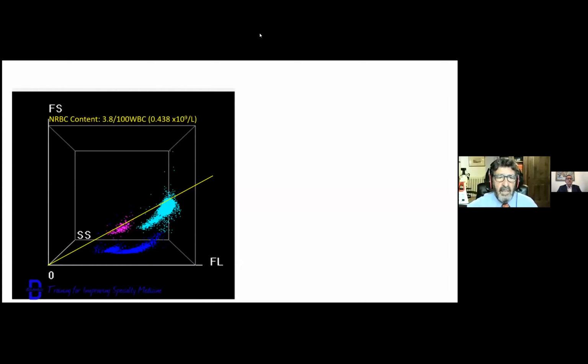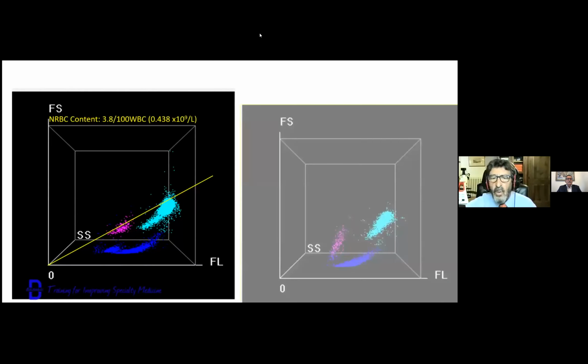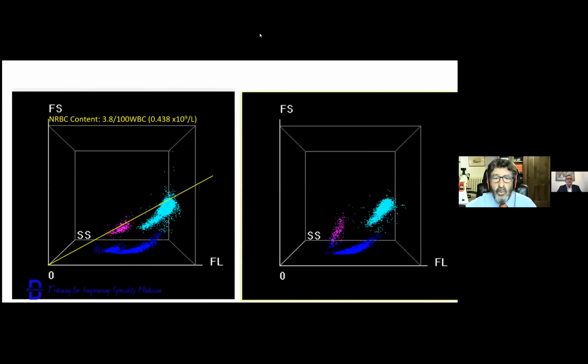And there you can see that if you draw a line starting from 0, the main axis of this cluster that is egg-shaped of erythroblasts is at a 35 degrees angle in terms of its position.